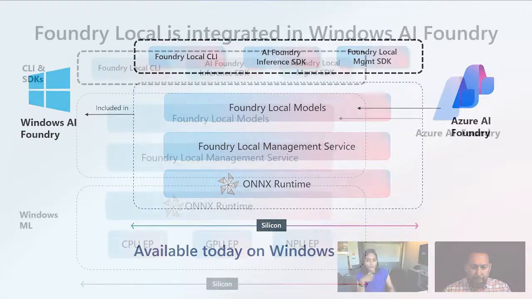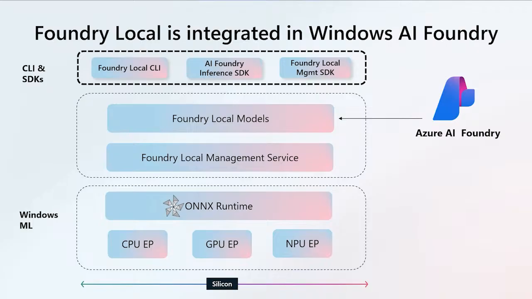Mm-hmm. So this is the reason why we want it integrated into Windows AI Foundry. Now we can use the intelligence of Windows AI Foundry to make sure that developers don't have the burden of figuring out whether their end user device has an NPU, GPU, or CPU, right? It is so burdensome for developers to have to package all these execution providers, which are little drivers that help you talk to different kinds of silicon.